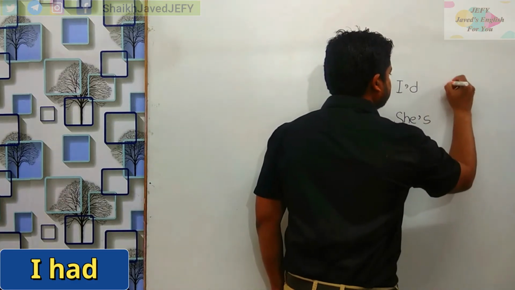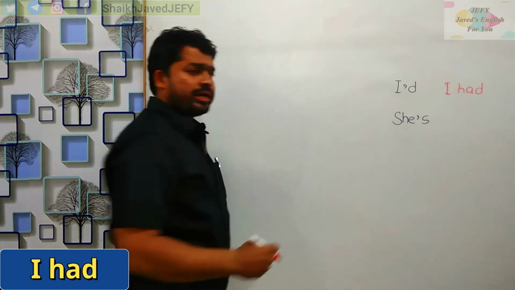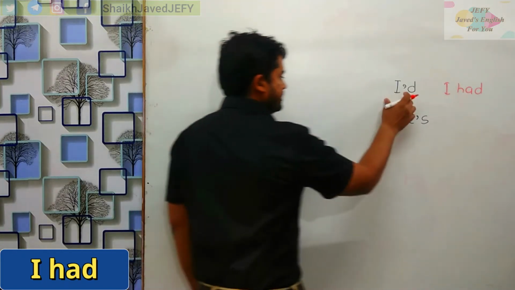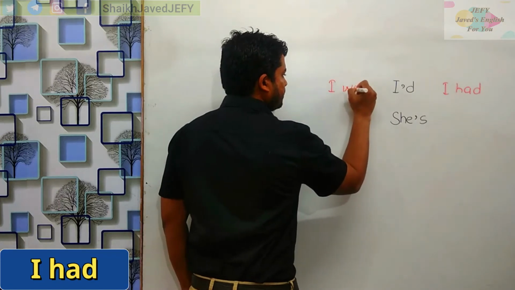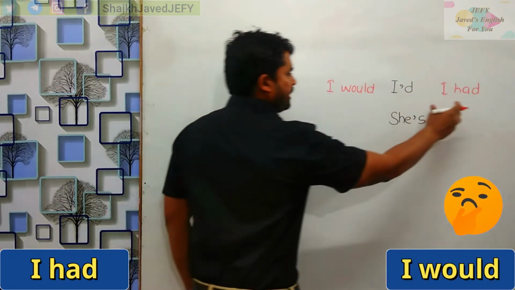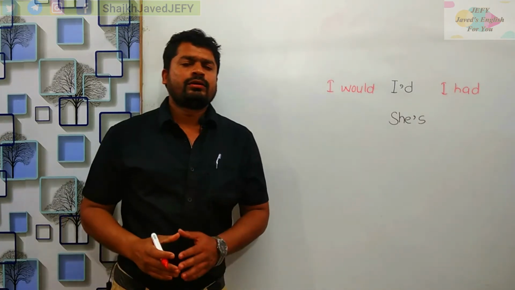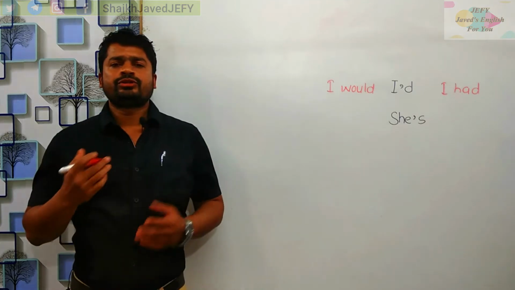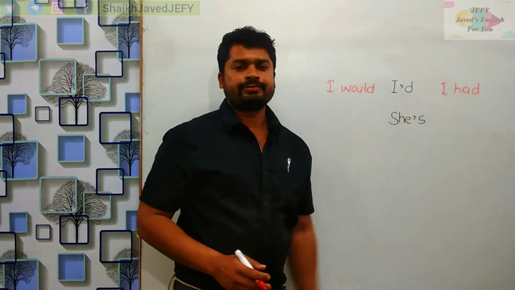Now how can we say that this one is "I had" and not "I would"? It can be "I had", it can be "I would". So how can we be sure whether it's "I would" or "I had"?